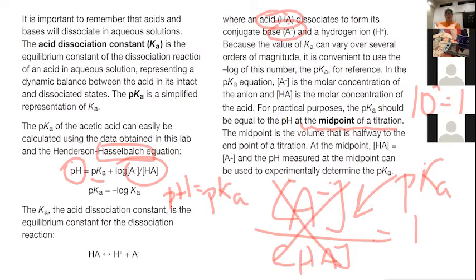So at that point, the concentration of the conjugate base, A minus, and the concentration of the acid that's remaining, HA, should be the same. And then at that point, the pH should pretty much equal the pKa. I will go over this calculation with you in a minute. I just want to make that clear.